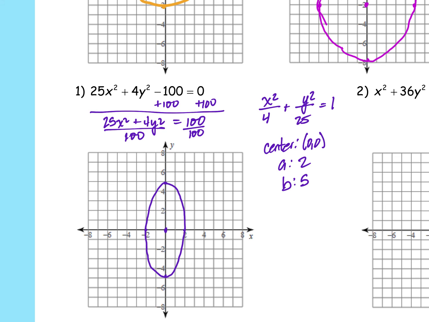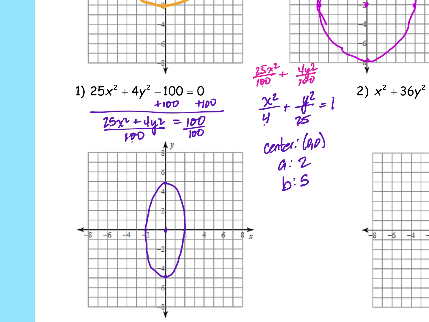How did I get 4 and 25? So what I did is I divided by 100, right? Moses, 25 divided by 100 is 4, and then 4 divided by 100 is 25. So I just simplified this fraction here. If I rewrite this, I did 25x squared divided by 100 plus 4y squared divided by 100.